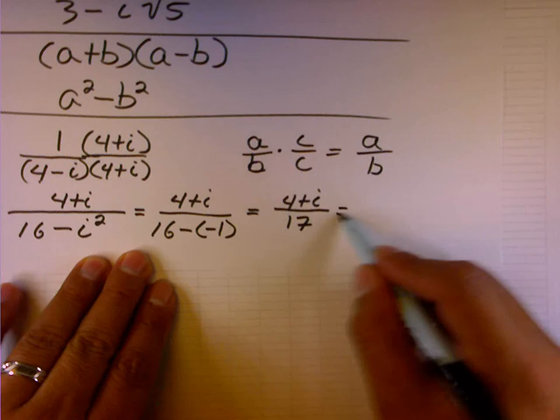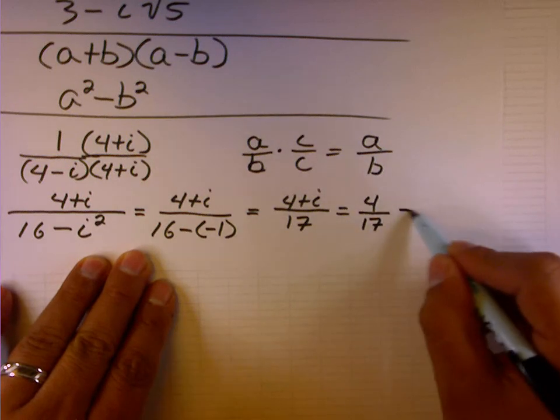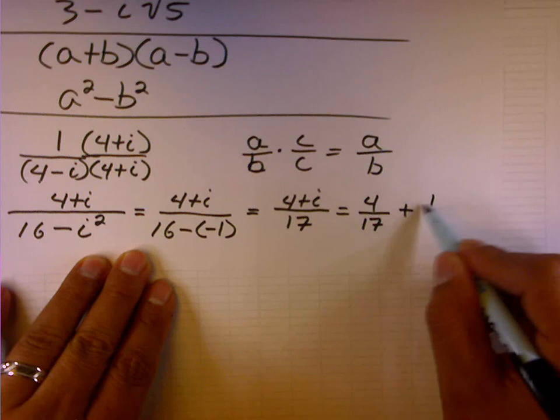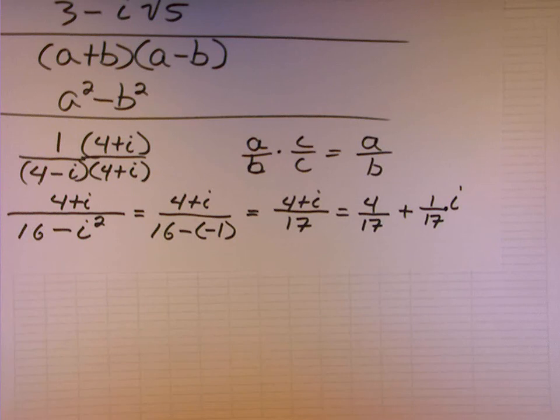Leaving me 4 over 17 plus 1 over 17i. Now I have written this expression in complex standard format. I have an a plus bi.